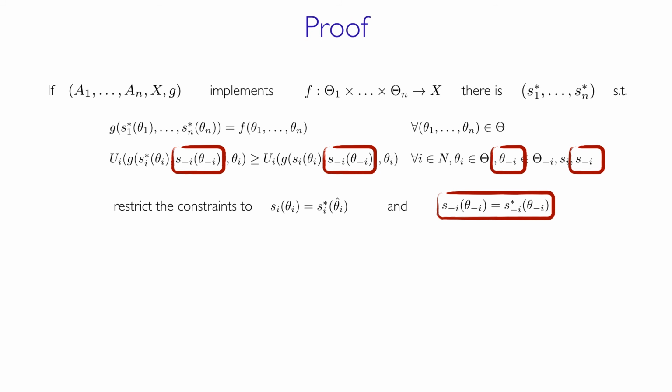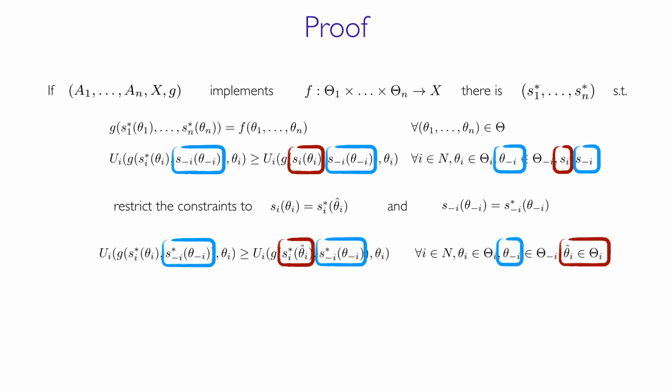Now we can write this new condition, obtained from the second condition above once we have restricted the strategies as discussed before. In blue, we restrict any strategy of the opponents to only those that are optimal. In red, we do the same with the strategy of player i.